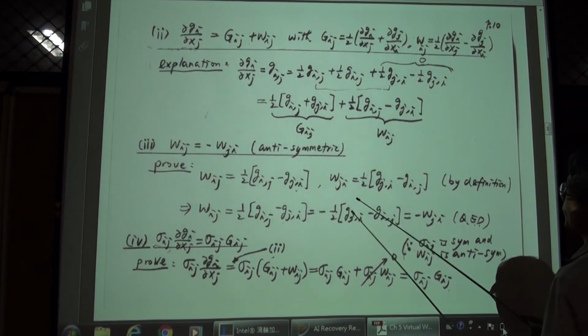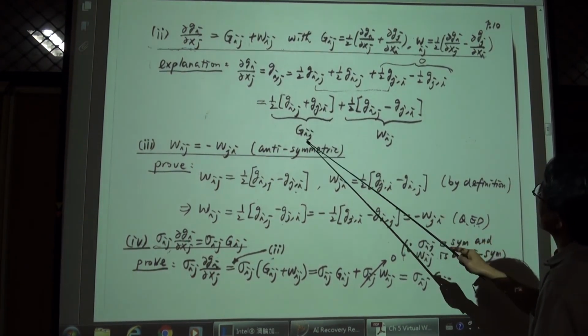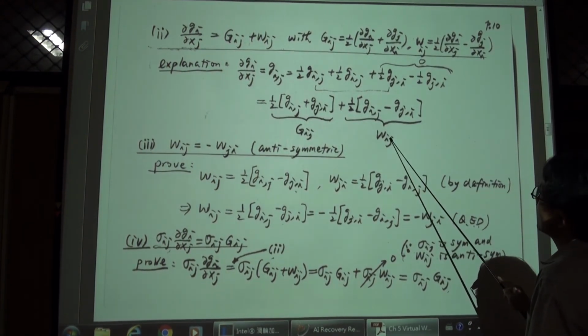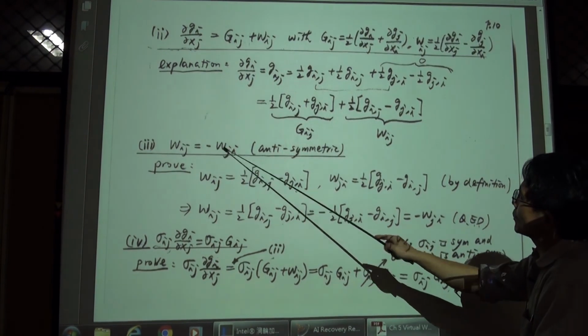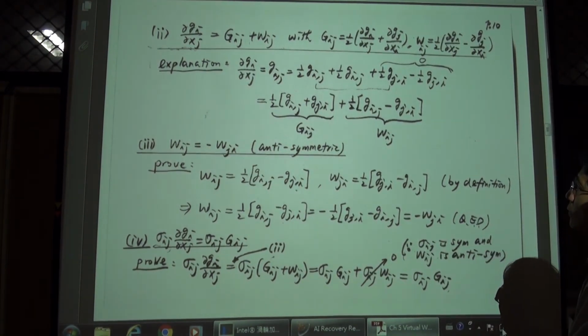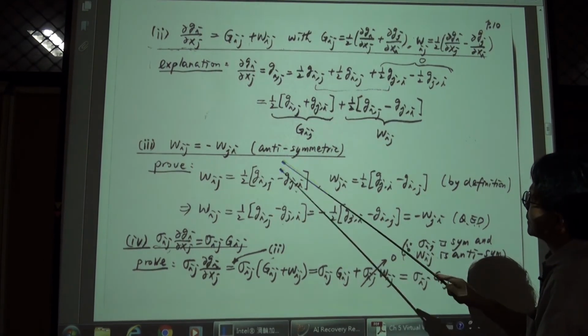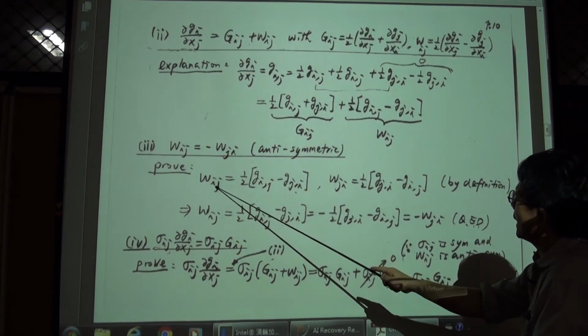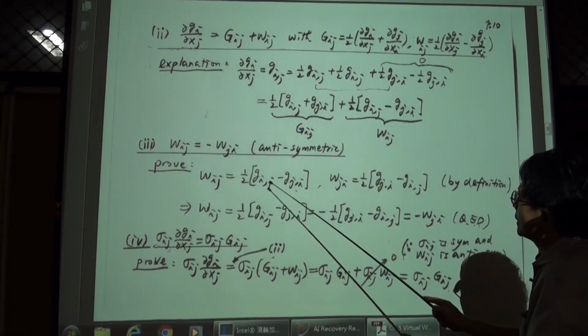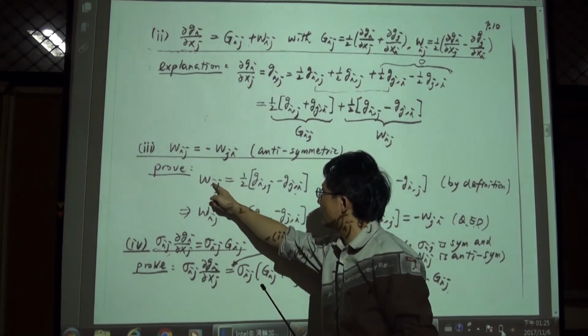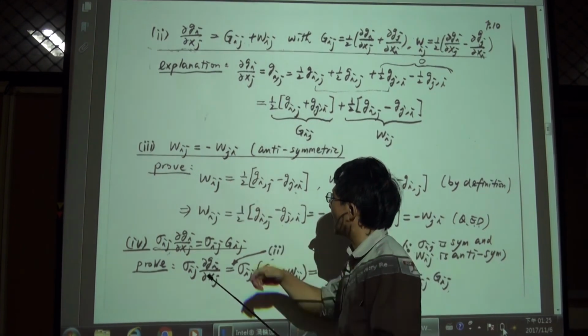Now look carefully. This is just Gij, and this is Wij, and this one is anti-symmetric and this one is symmetric. Let us prove this. Wij is this, so Wji, we just turn j into i, replaced by j, j replaced by i.